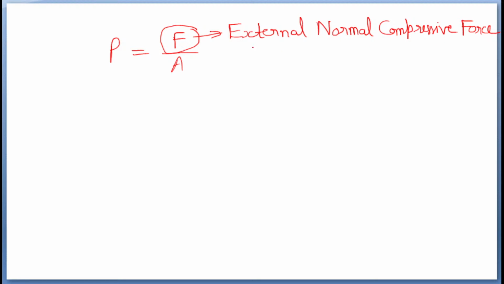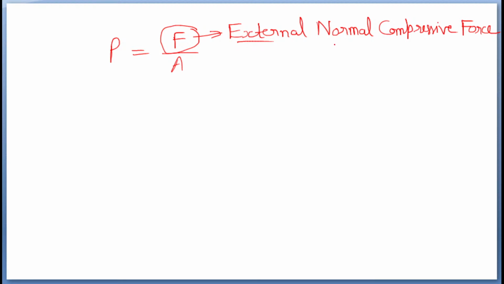If you miss any of the terms, external or normal or compressive, you are gone. Completely wrong. So the first concept in this question which I want to clear for you regarding pressure: pressure is external normal compressive force. Why is it known as external? Because it is externally applied.